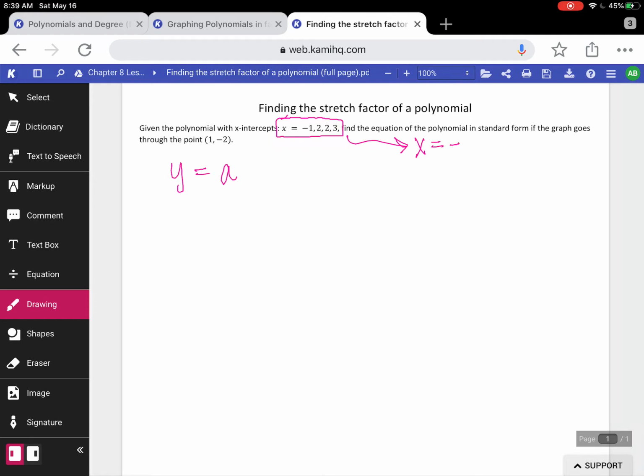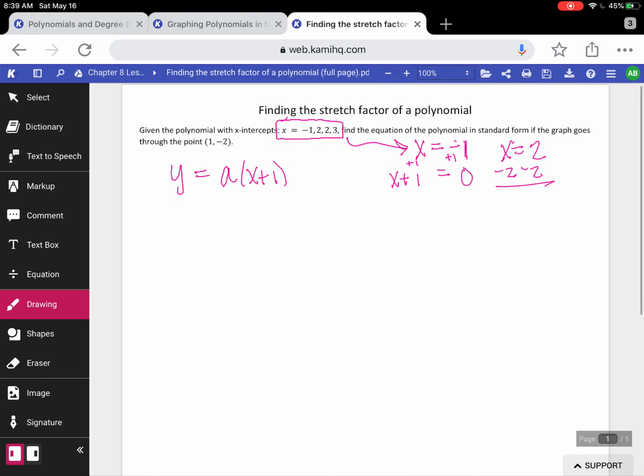So we know if x equals -1 and we want it to equal 0, we would have to add that 1 to the other side. So our first factor would be x plus 1. Okay, then we have x equals 2, which would be x minus 2.